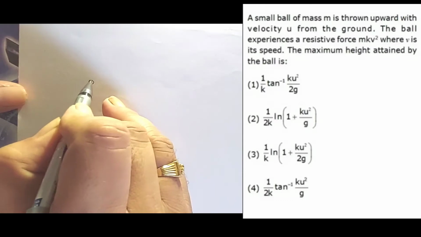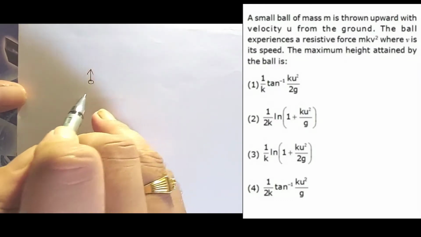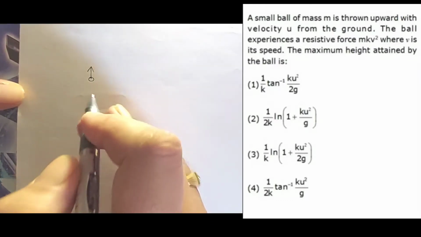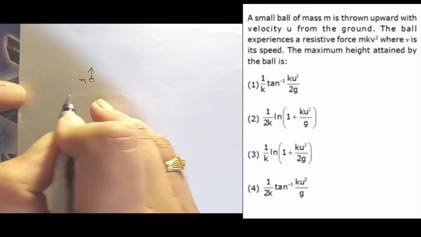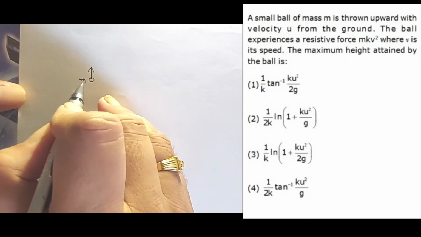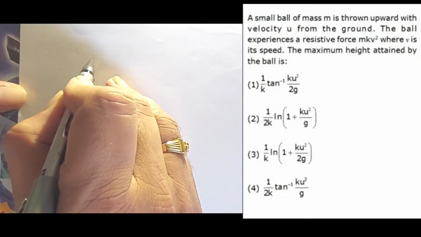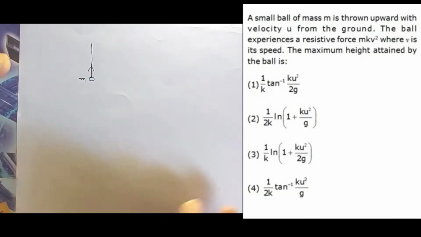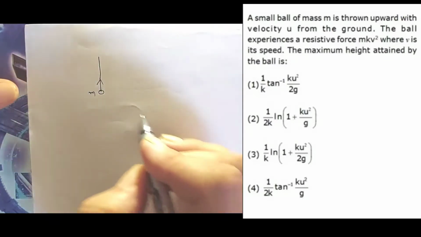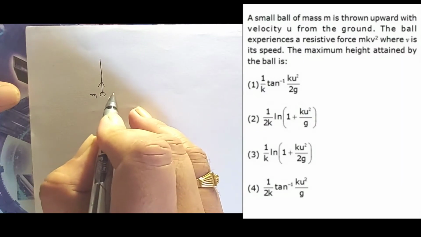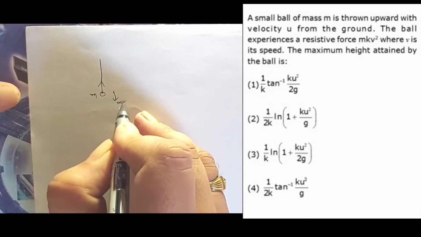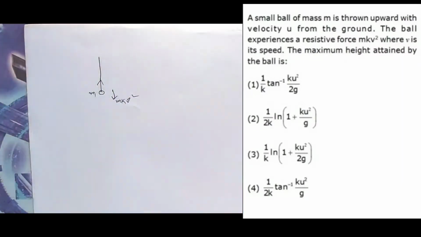So this is a ball. This ball of mass m is thrown in the upward direction. When the ball is moving upward, a resistive force acts in the downward direction, that force being mkv square.